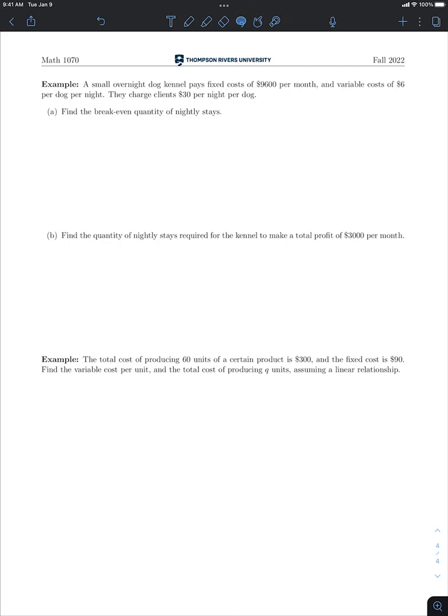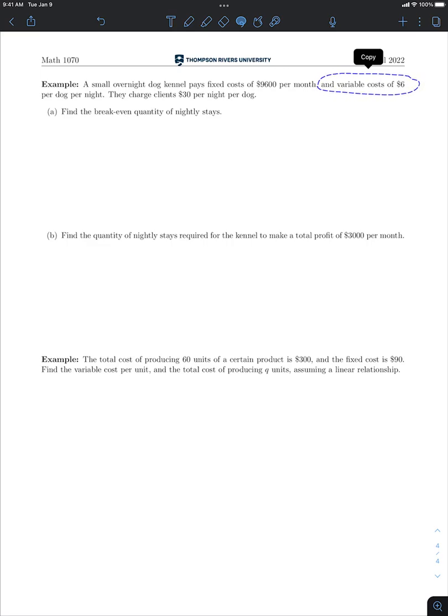And we're told that the variable cost is $6 per dog per night. So the idea is that's how you measure how much of their product they sell. Every time a dog stays a night, that's 1 unit of sale, right? So if a dog stays for 3 nights, that's 3 units. If 3 dogs separately all stay for 1 night each, well, that's also 3 units, right?